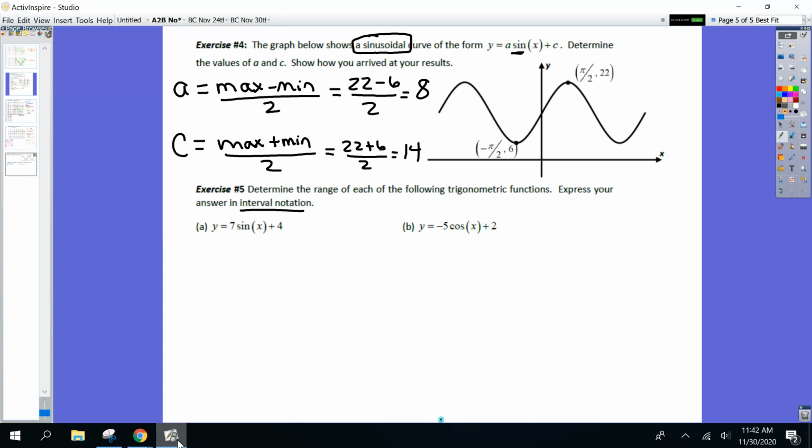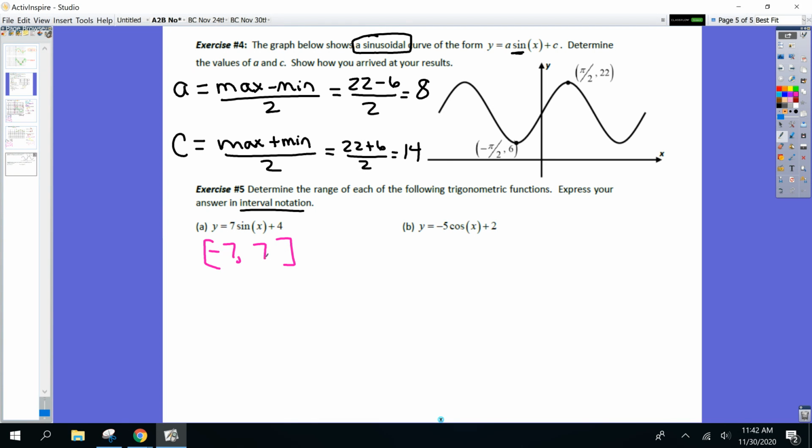Caroline, ready to go? To do the range, I need the min and the max. Before I shifted this 4 units, before I did any shifting, can you tell me what my original max and min were? -7 and 7. You got it. It's that number out in front.